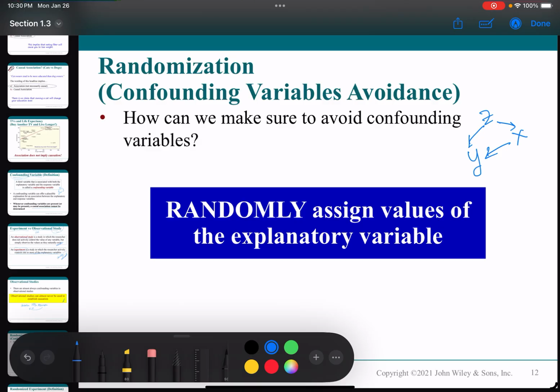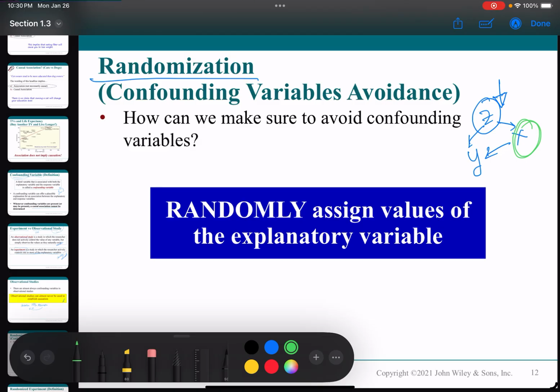What we can do is randomize. We can use a random process to reduce the effect from this third variable. That's actually what we do. So randomly assigned values for the explanatory variable can help us reduce the effect from this third variable.